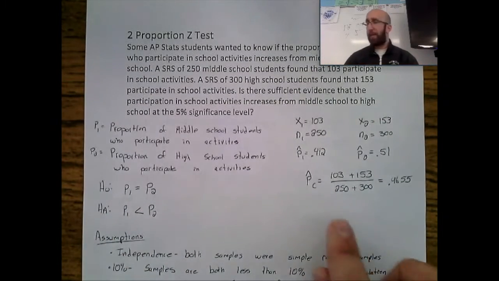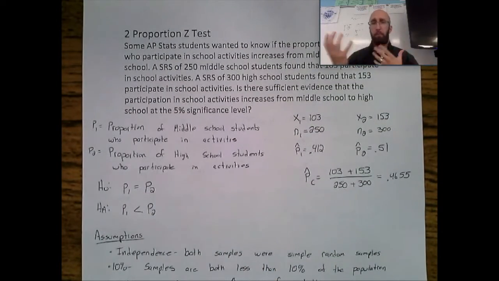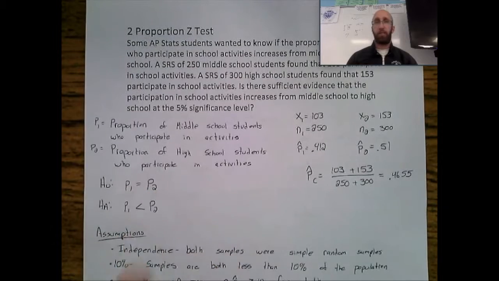Where this p hat c comes into play, we are assuming these two population proportions are equal. The proportion of middle schoolers in activities and the proportion of high schoolers in activities are the same. So if I'm assuming the population proportions are the same, then surely the samples I got from each can be pooled.